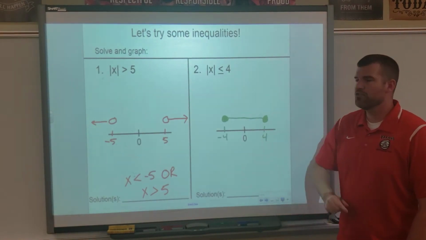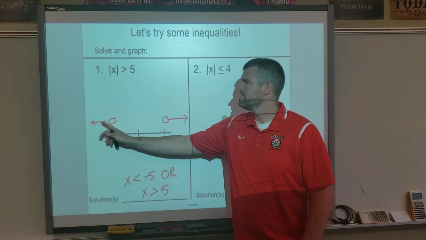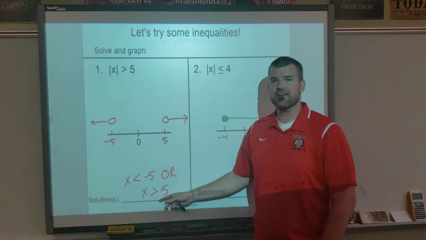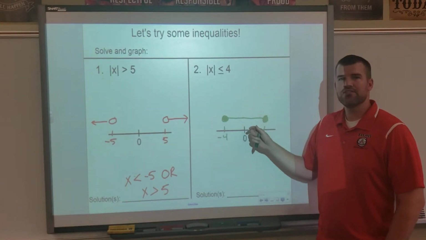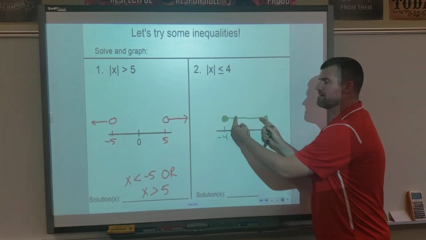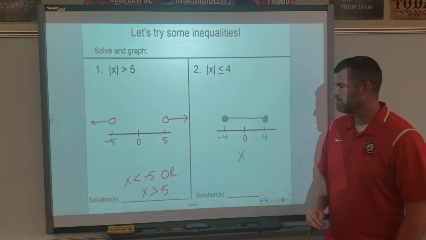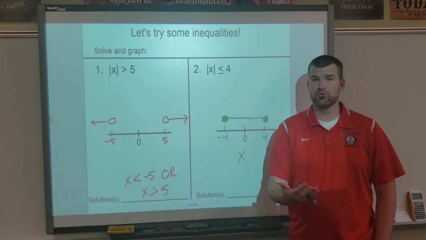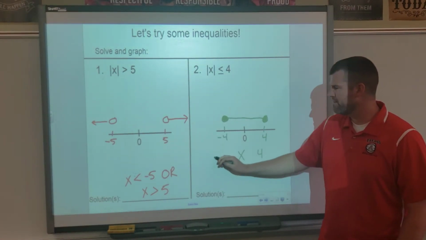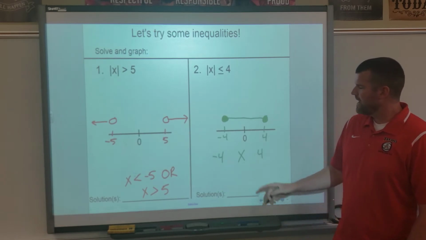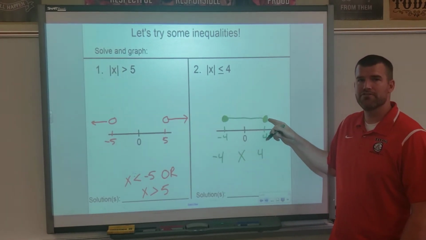The way we write our solution for this is going to be a little bit different. If we have 2 distinct graphs, we're going to write it as 2 separate inequalities. But this graph, it's all connected, right? It's everything from here to here, one section. So we're going to put our x in the middle to represent all of the solutions. And then I'm going to put my bigger number on the right. I'm going to put my smaller number on the left. And I know that my solutions have to be what compared to 4?